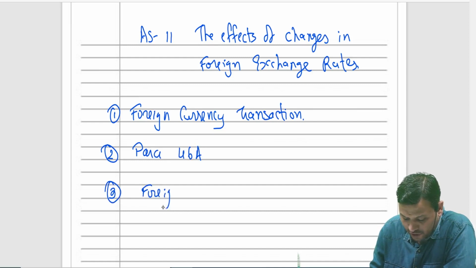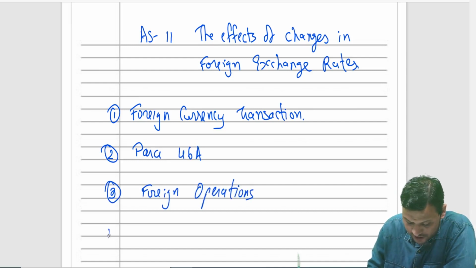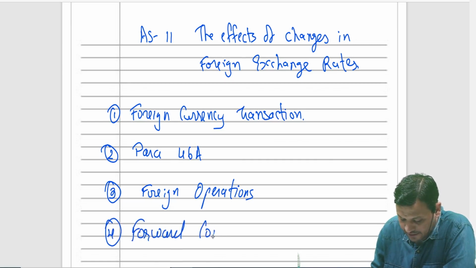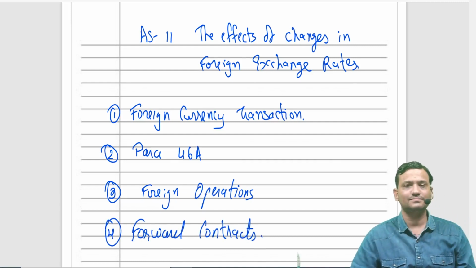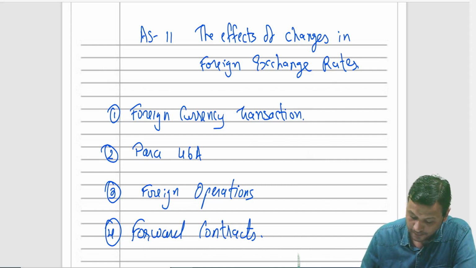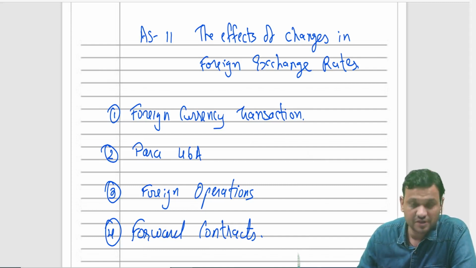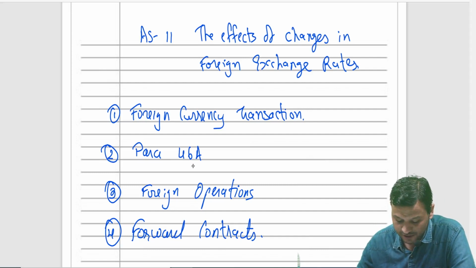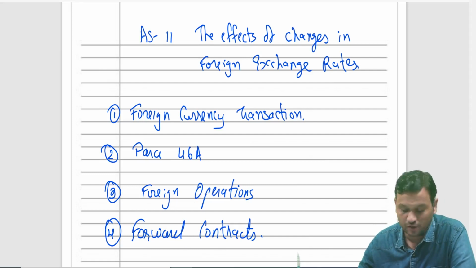Then we have foreign operations. And of course, the last, forward contracts. So these are the four things which we'll be learning now: the effects of changes in foreign exchange rate, foreign currency transaction, para 46A, foreign operations and forward contracts.